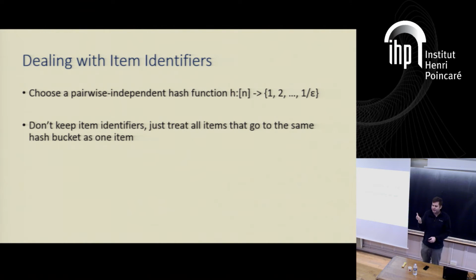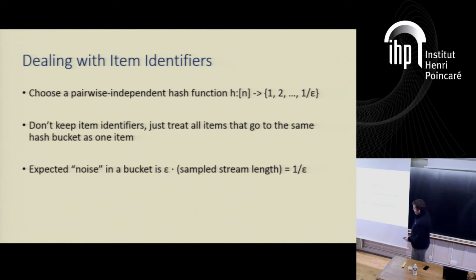I just need to store the hash function, which is log n bits. And now I don't have to store item identifiers. If I have an update to an item, I hash it, it gives me some value, and I just update the counter associated with that hash value. Why is that okay? Well, the expected noise in a bucket, the stuff that collides with a given item in a hash bucket, since I have 1 over epsilon hash buckets, is epsilon times the total number of updates in the sampled stream.